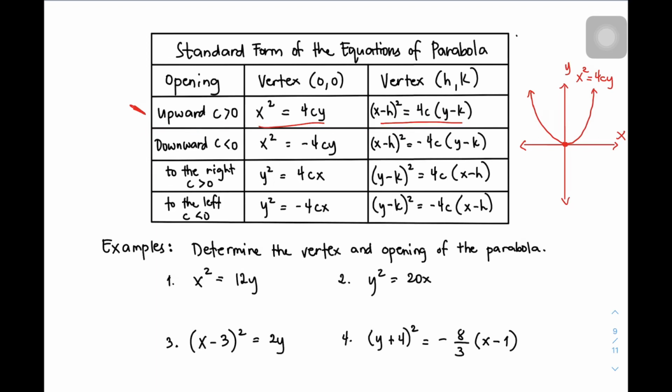Ang difference lang ay yung vertex. Here, in our first graph of the parabola, yung kanyang vertex ay located sa origin. Kapag ang iyong equation, standard form ay ganito yung form, ibig sabihin, kahit saang part ng Cartesian plane, nandun yung parabola.